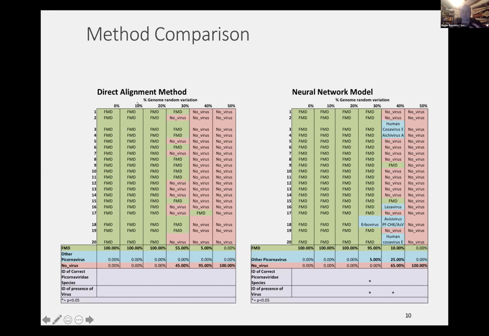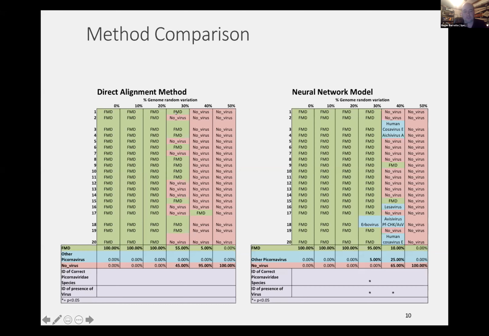So we were randomly introducing variations into the nucleotide sequence, from 0 to 50% of the genome, and these were completely random. And so up to 20% variation, both the direct alignment method and the neural network model are able to identify the agent as foot and mouth disease virus.